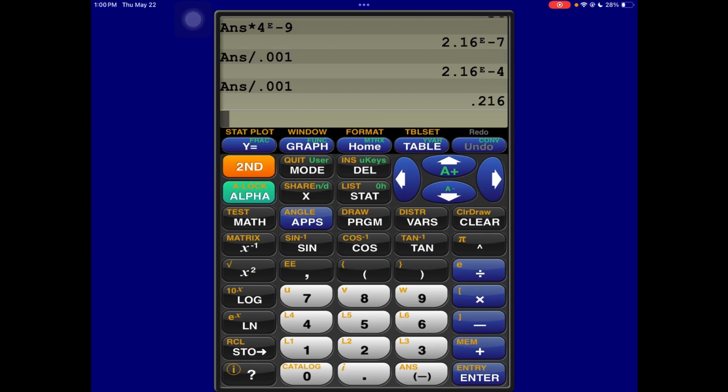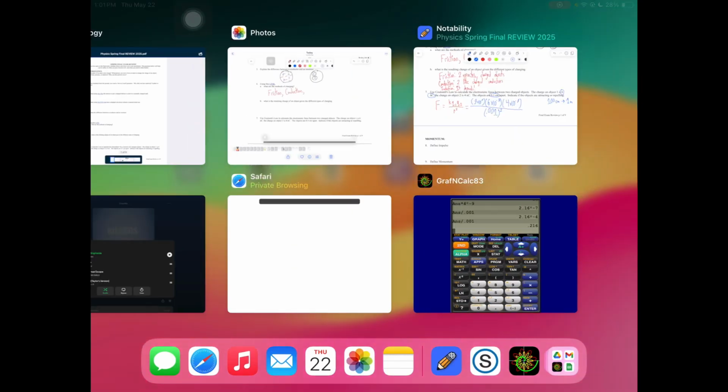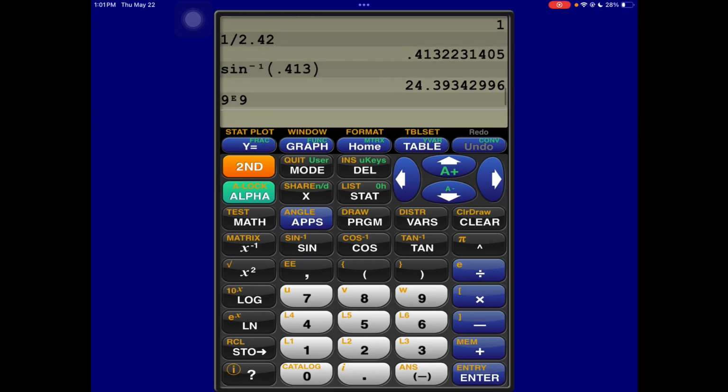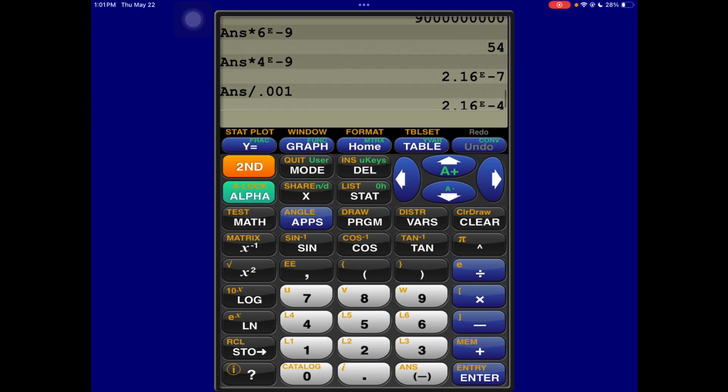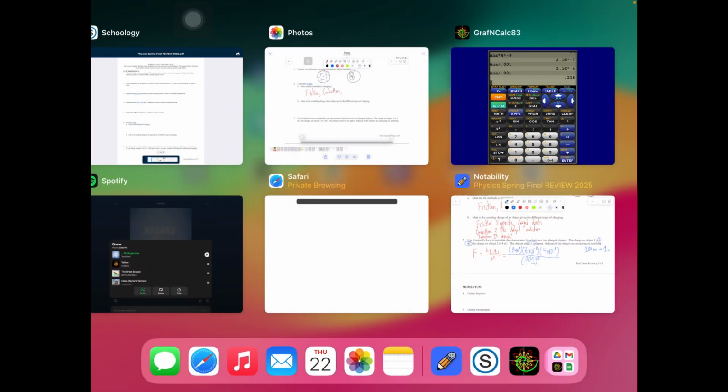Instead of inserting the square, I'm just going to divide by that same number twice. This is actually the exact same thing as dividing by 0.001 squared. When I'm doing all of my work with scientific notation on calculators, I like to go step by step. Do one thing, then the next, then the next. This guarantees I'm not plugging in anything wrong because I can manually control the order of operations.